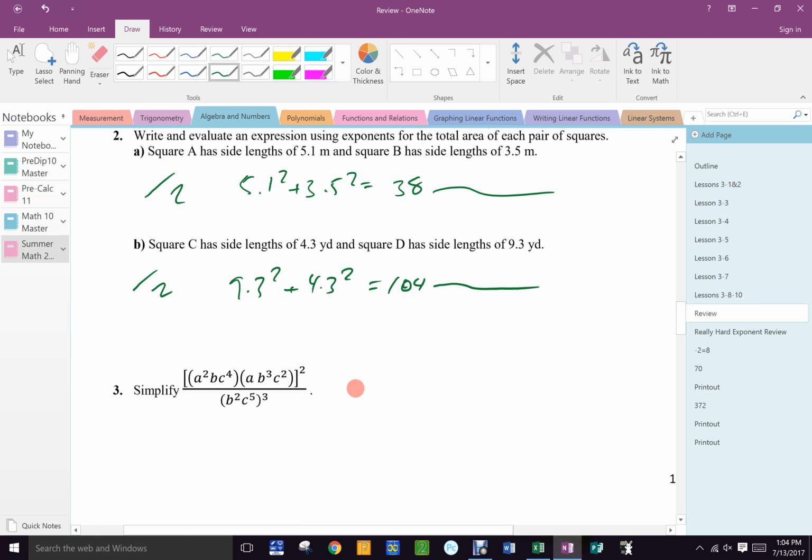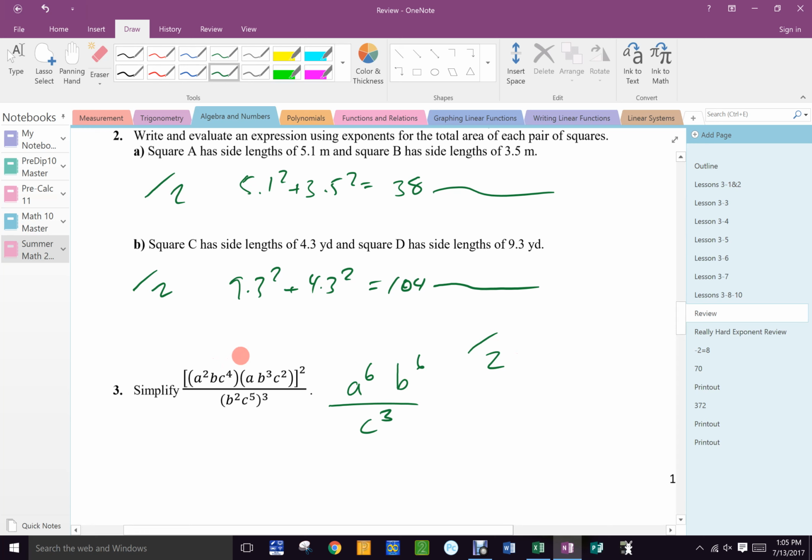This is a to the 6th. I don't remember. B to the 6th over c cubed for 2 marks. B. I don't have b squared.